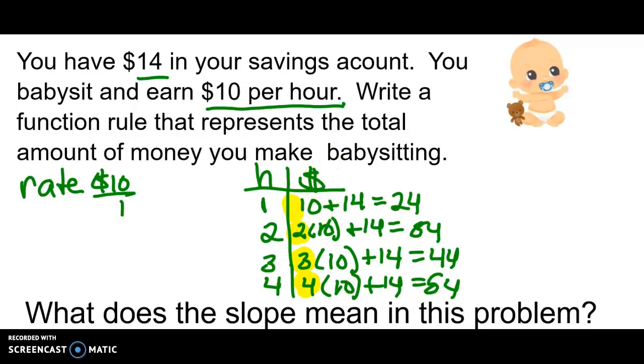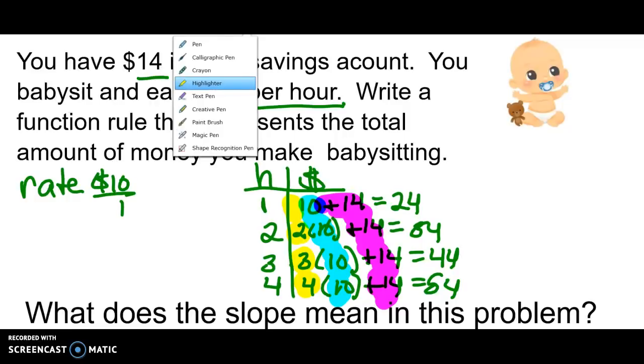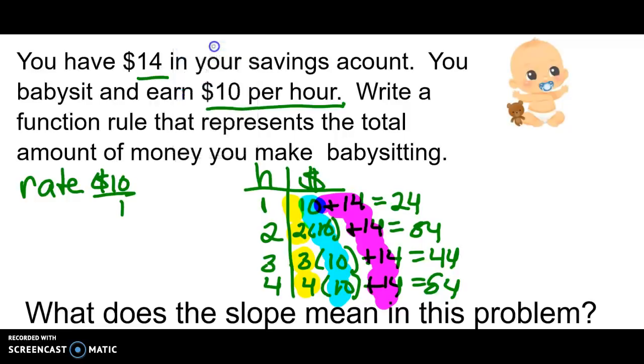And then my 10 stays the same no matter what. And my plus 14 stays the same no matter what. So the thing that's changing is what's varying, and that's your variable. That's going to be your x.